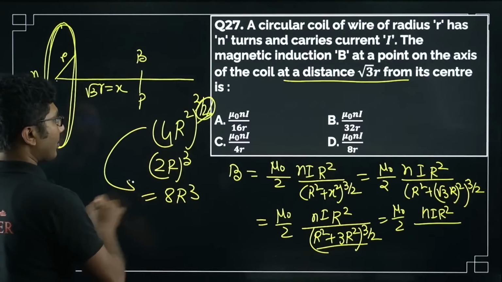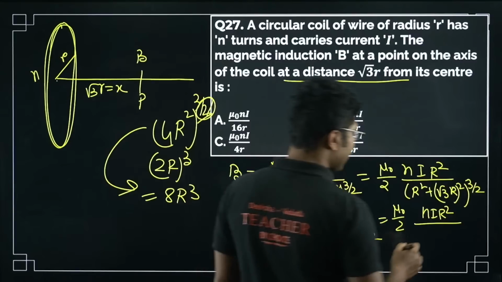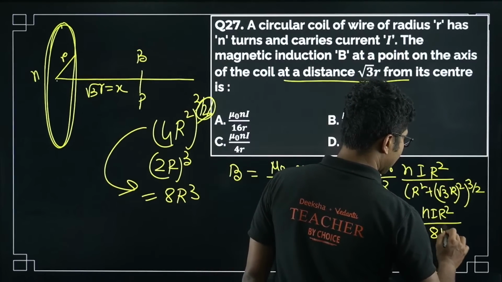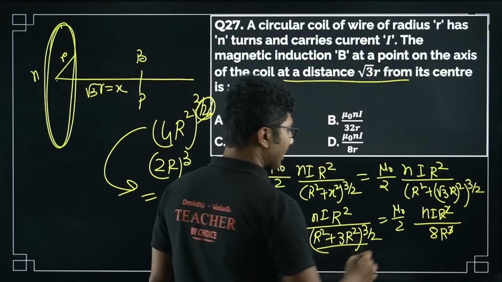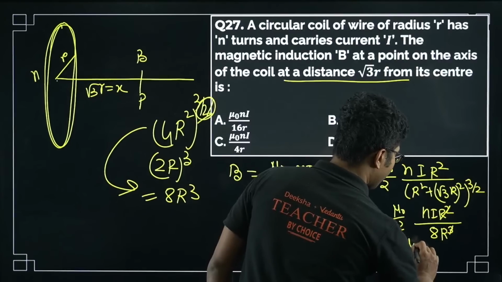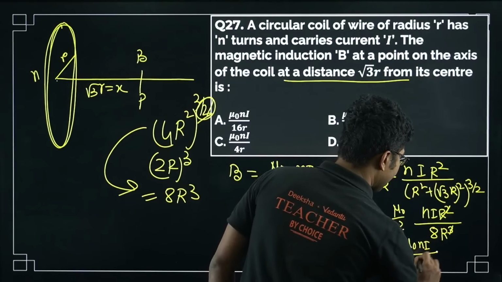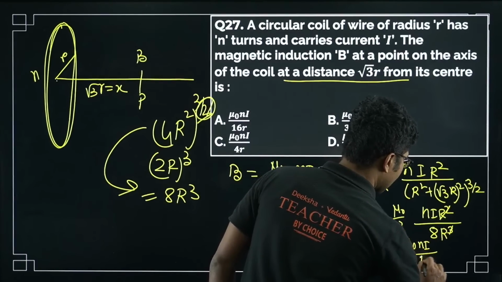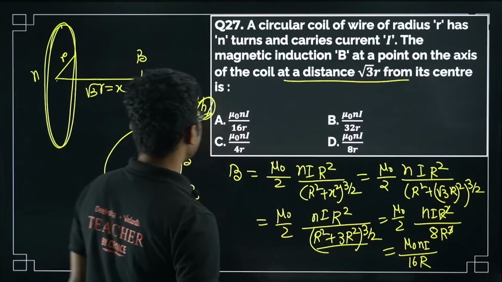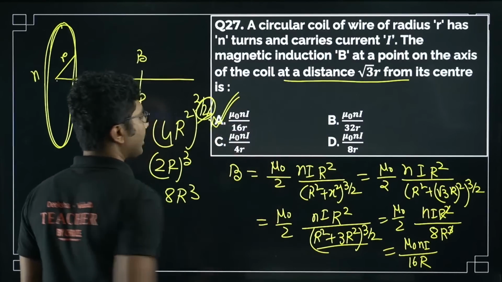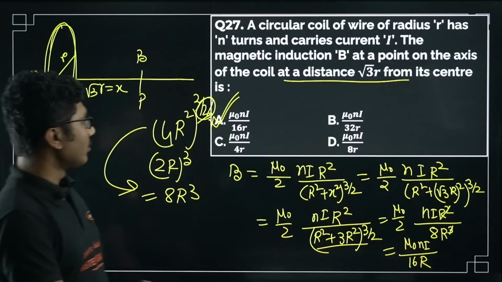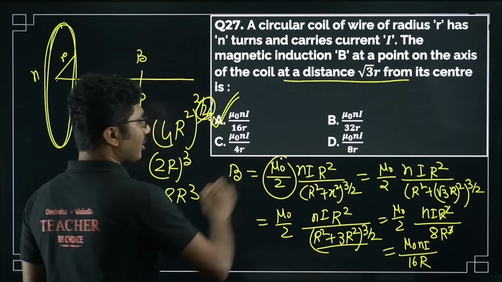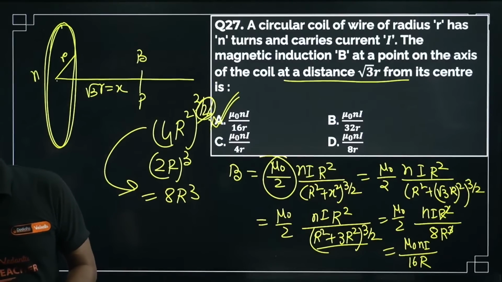So 4r square to the power 3 by 2 is 8r cube. So this will be cancelled and you will get mu naught n I divided by 16r. Option A is correct. Sapna, no, not option D. There is a mu naught by 2 in the formula itself.